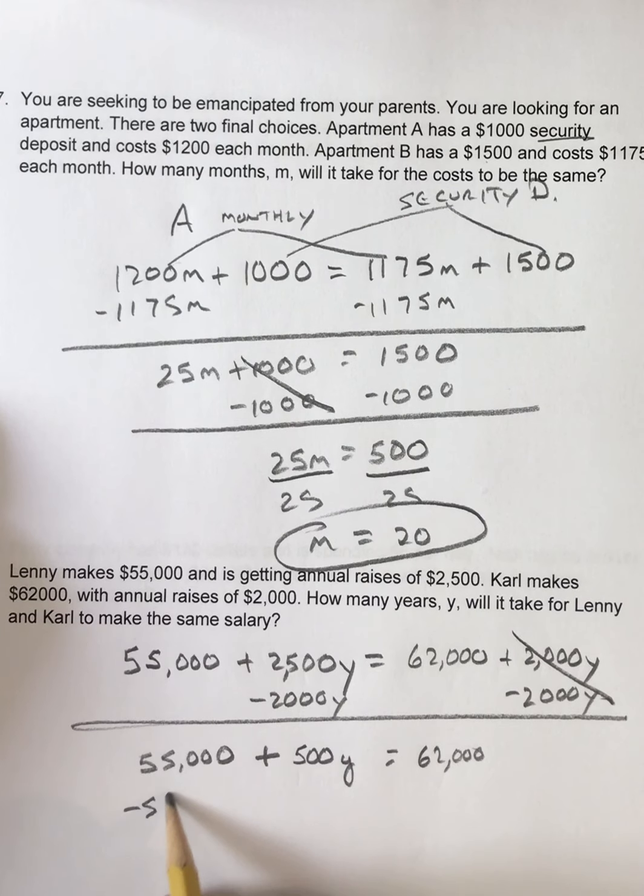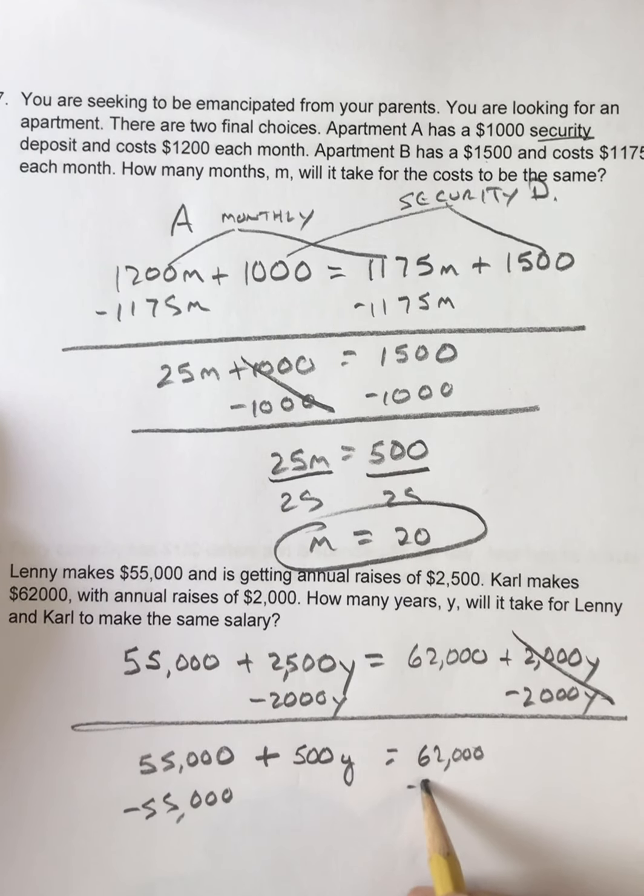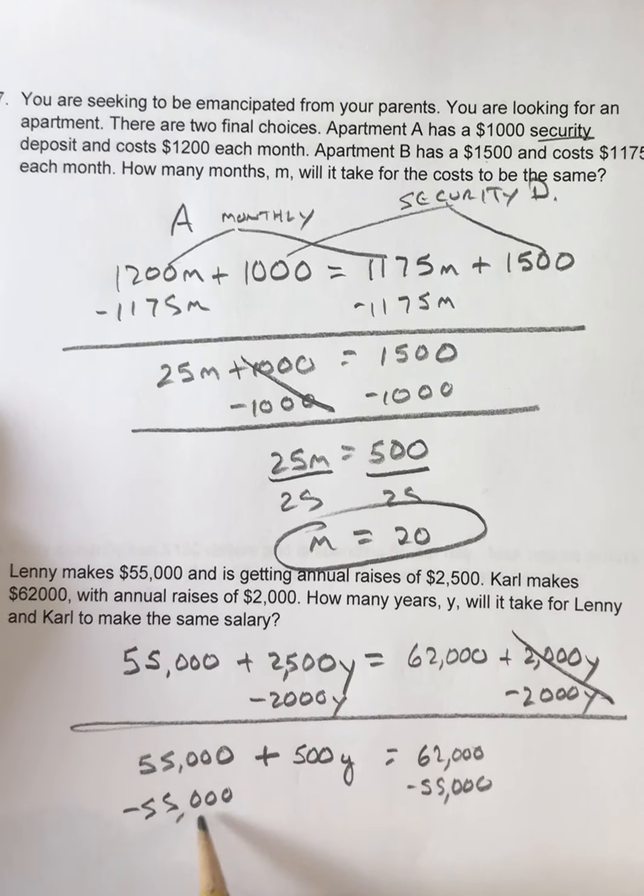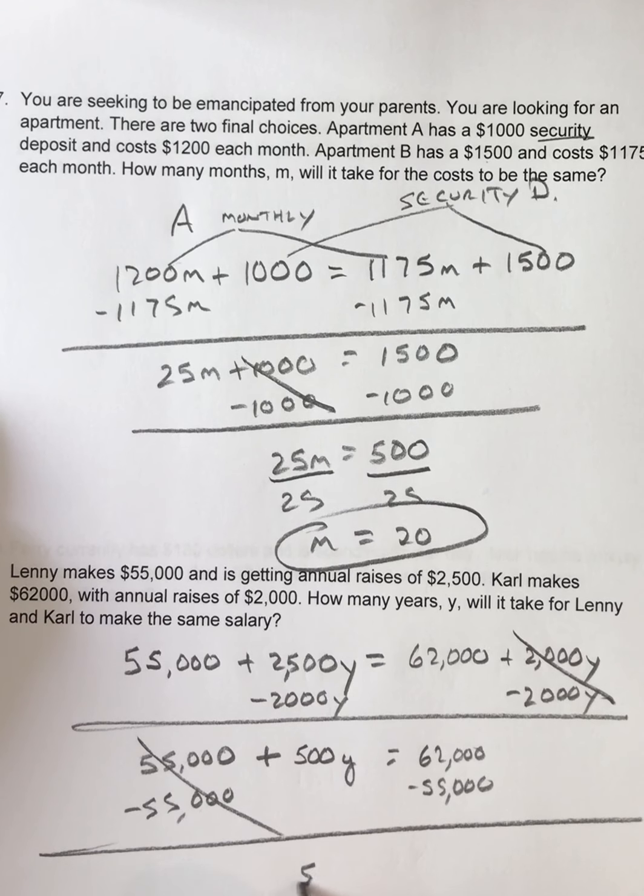So I'm going to subtract 55,000. I get 500 times y equals 7,000. And cancel, and I get y equals 14.